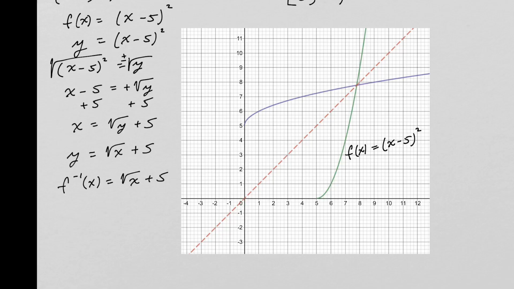And then the inverse is going to be the one that's in purple. So this purple graph is the square root of x plus 5. And notice that the function and its inverse are symmetrical about that line y equals x. Symmetry about that line.